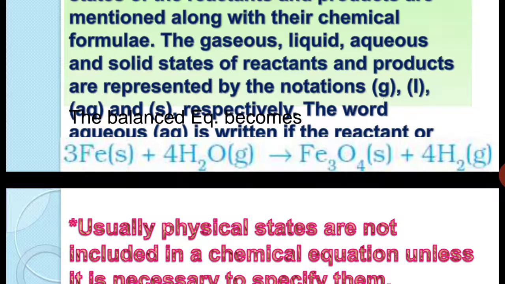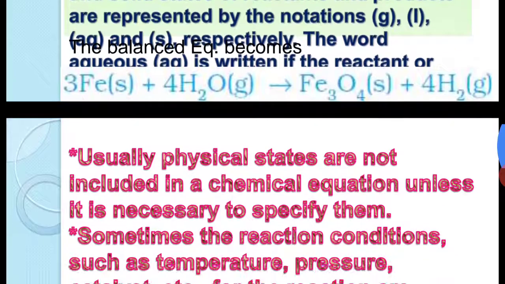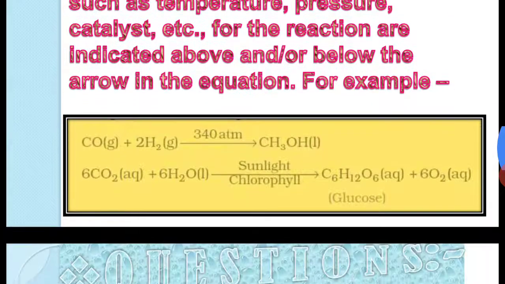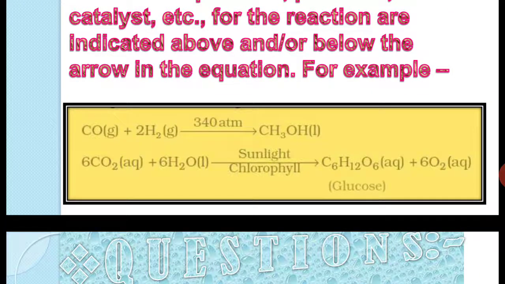Similarly, if there was an aqueous solution, we write aq. 4 notations should be there: g, l, aq and s. Suppose there was a catalyst or a specific condition, we write it on the arrow itself, as demonstrated by the photosynthesis equation.